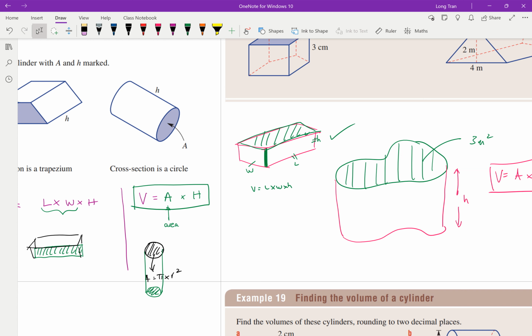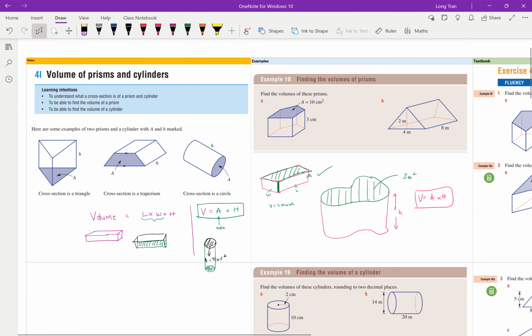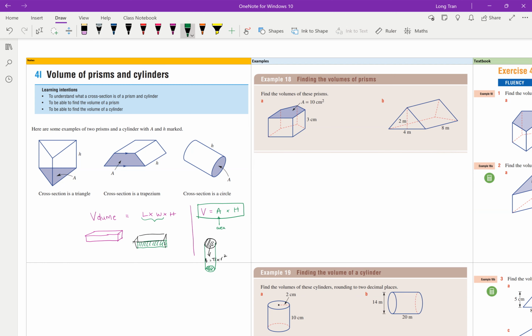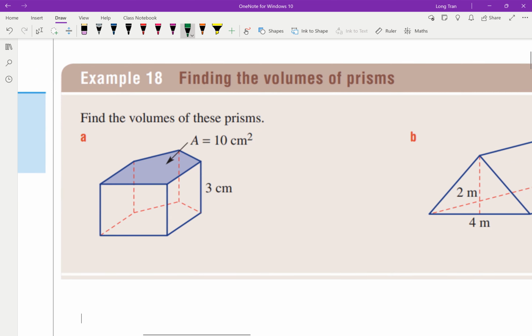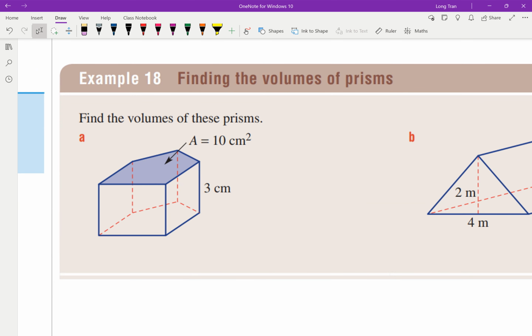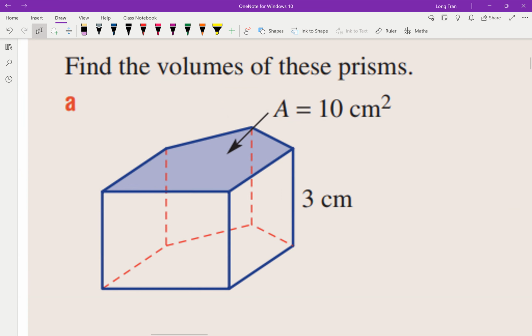But in this particular question, we're working with prisms. Let's have a look at some of the shapes they've given you here so that you can see the pattern. Remember, the formula I want you to get used to is volume equals area, the cross-sectional area, multiplied by the height. Let's look at this shape here. It's not a rectangular prism, and neither is it a triangular prism, because they're making up a shape for you.